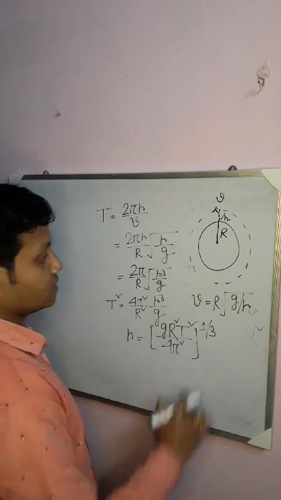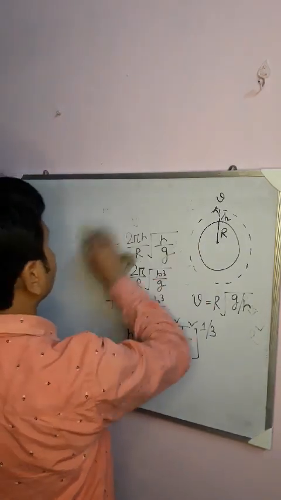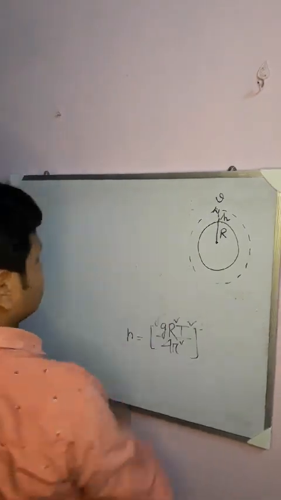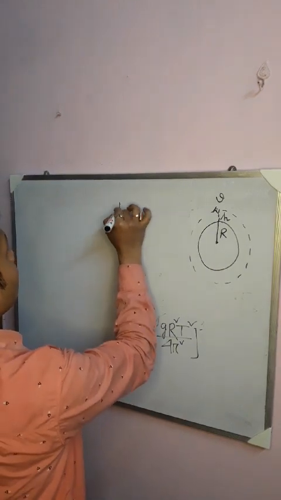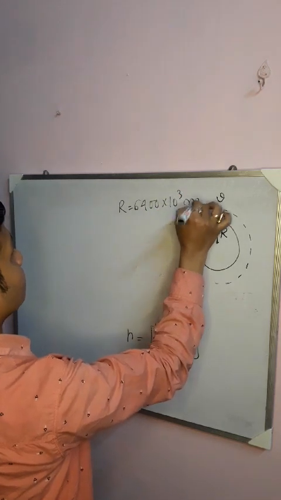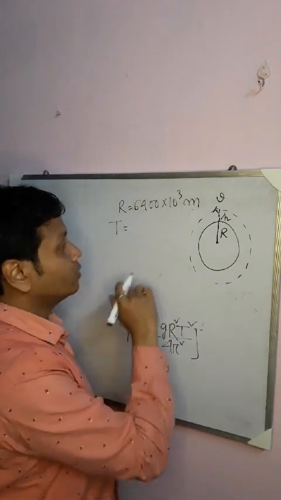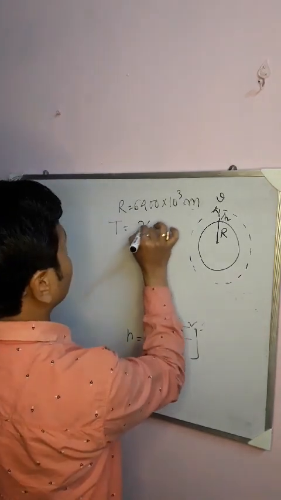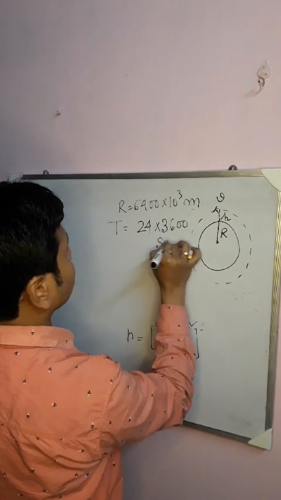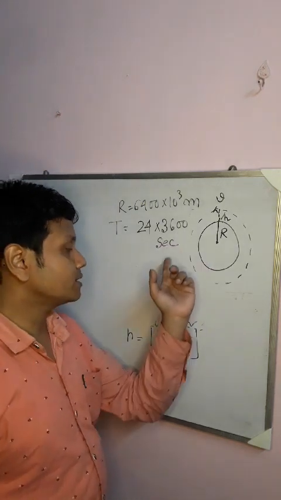Now by substituting these values, you can easily calculate the value of r, which is required to find out the height of the satellite. So if we substitute these values, R we take 6400 into 10 cube meter, and t, as the earth rotates around its own axis in 24 hours, we take 24 hours, that means 24 multiplied by 3600 seconds.